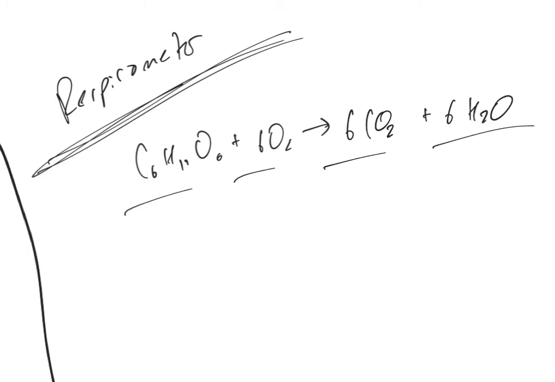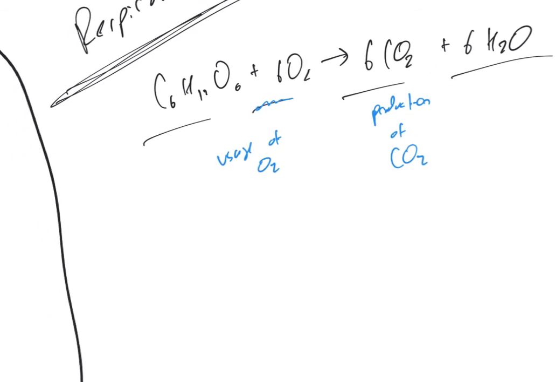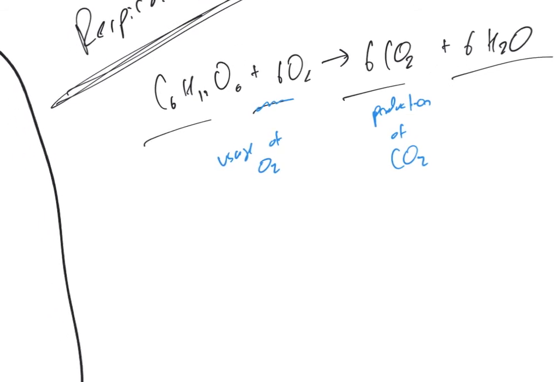So we can measure two things. We can either measure the usage of oxygen, or we measure the production of CO2. Okay? Now, we need a few things.